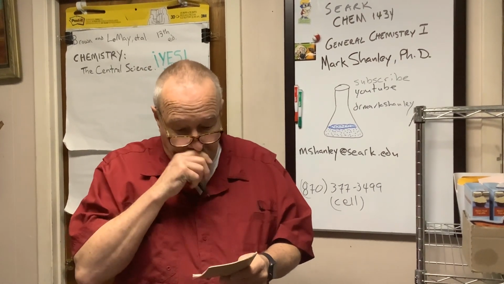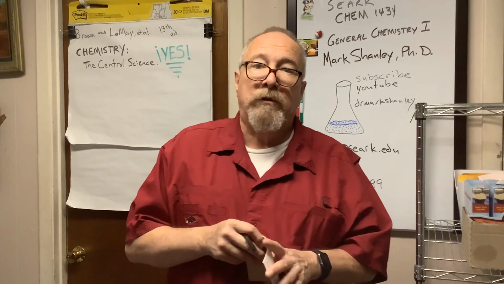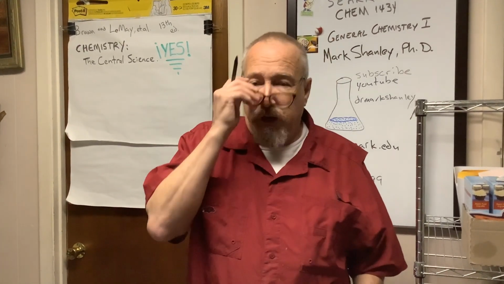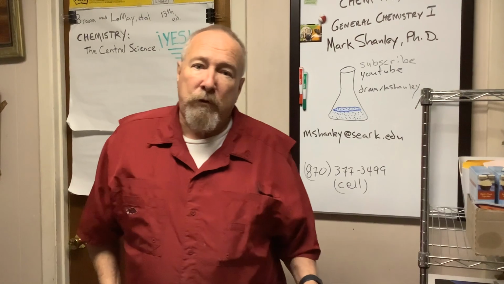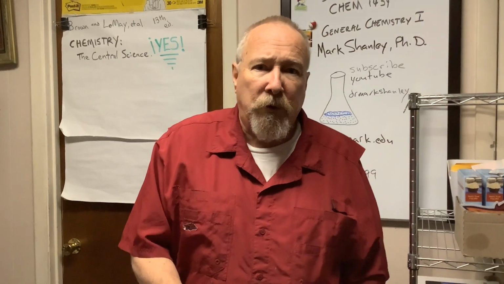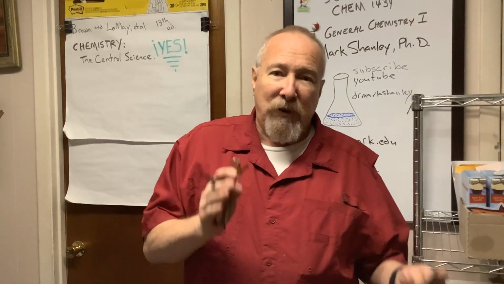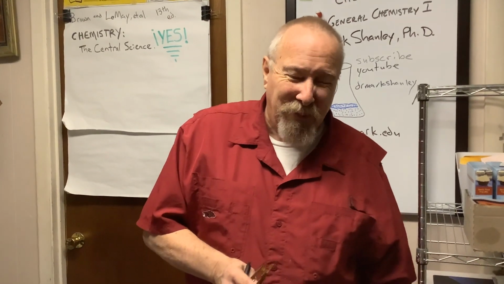I want to talk to you about the book. We're using an online resource called ChemLibre. It's a collaboration between the University of California system, including UCLA, UC Berkeley, all the great schools out there in California, and the National Science Foundation. Excuse my dogs playing rough with one another in the background.